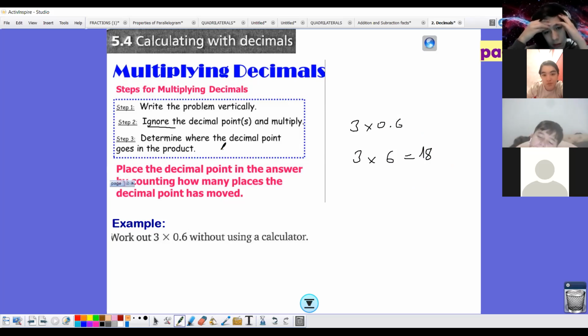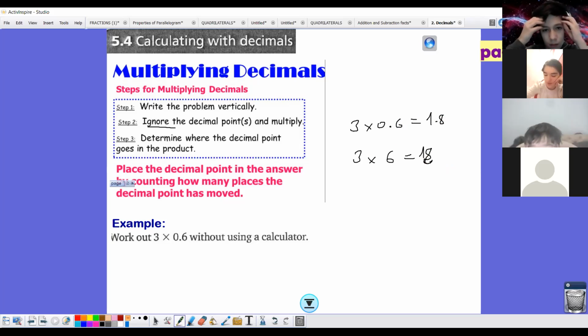So how will I place the decimal point? I check how many numbers I have after the decimal point. One number. Here the decimal point is at the end, so I will move one place back and the result will be 1.8.